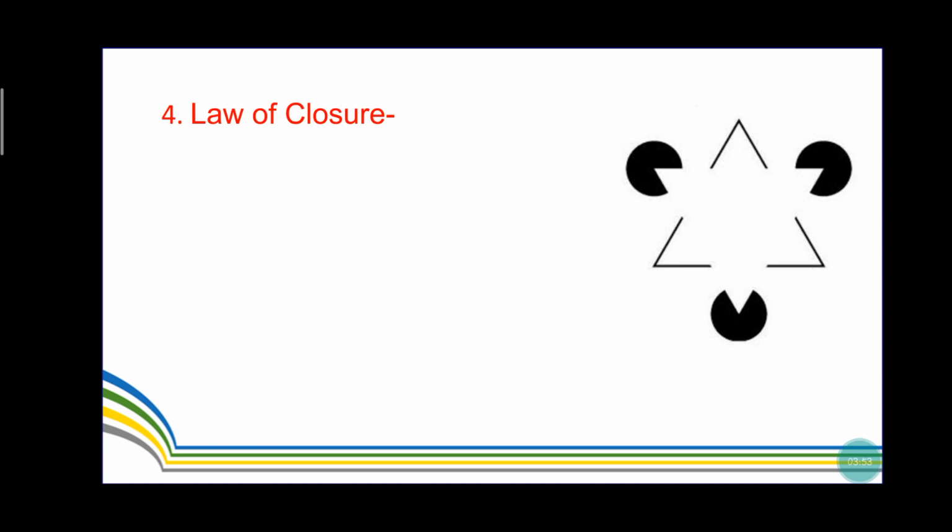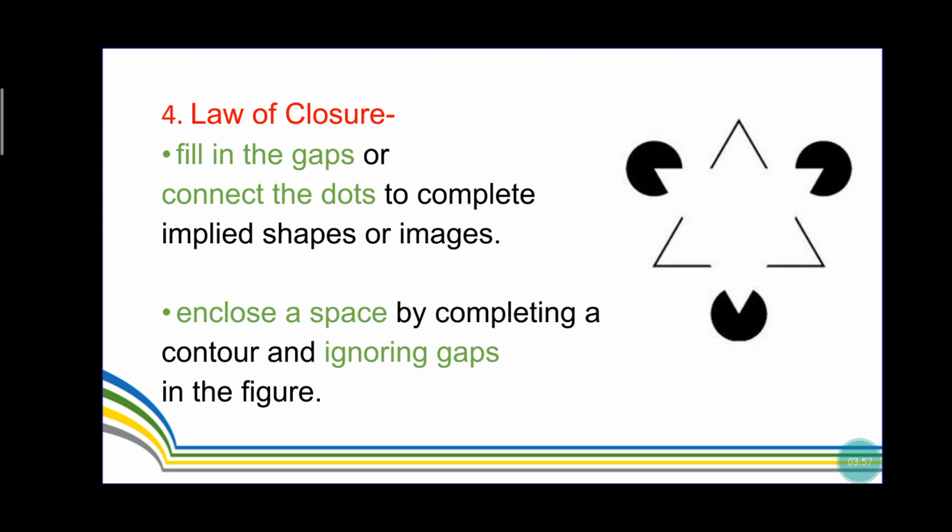Number 4, we have the law of closure. We fill in the gaps or connect the dots to complete implied shapes or images. So we enclose a space by completing a contour and ignoring gaps in the figure. Closure is the illusion of seeing an incomplete stimulus as though it were whole. Thus, one unconsciously tends to complete or close a triangle or a square that has a gap in one of its sides.